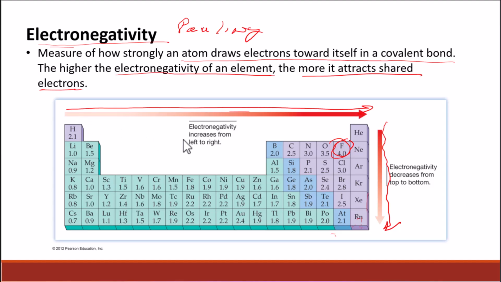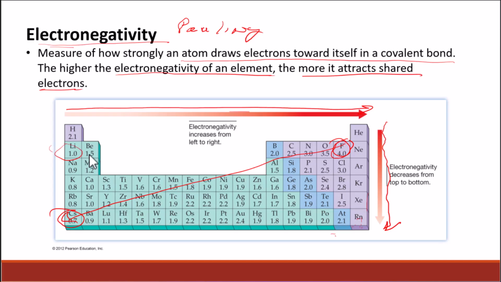Okay, so I generally look at it, go from fluorine, and you can do the trend down here. Cesium at 0.7, francium at 0.7, and looking at hydrogen 2.1, helium is greater than 0, so it doesn't want the electrons.